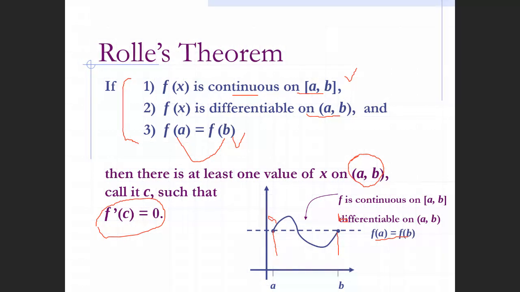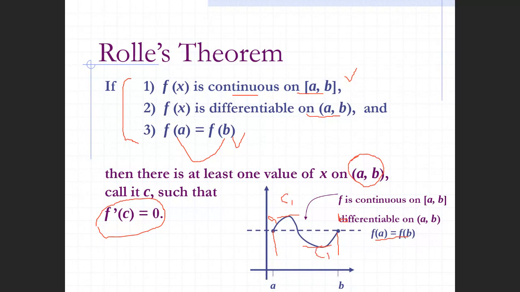So in this graph you can check here that f of A is equal to f of B, they are at the same height, f is continuous on the closed interval, and it is differentiable as well on the open interval. So it means there must be at least one point between A and B. You can see here there are 2 points where the derivative of the function is 0 when I take a tangent line, C1 and C2.